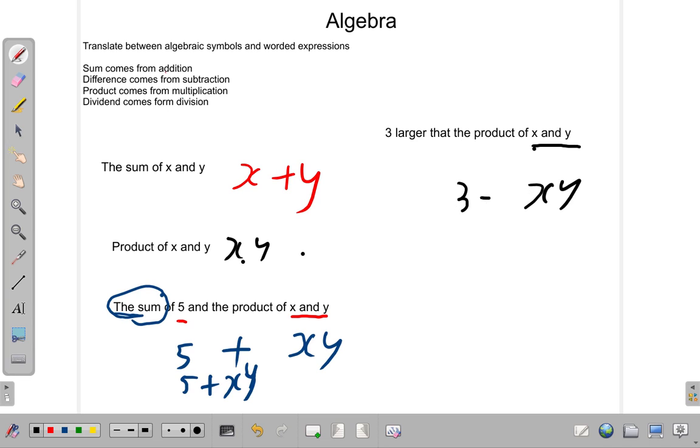So it's 3 plus xy. You could also have it as xy plus 3. All right, so we're going to look at a few more in another video as we continue looking at translating algebraic symbols and worded expressions.